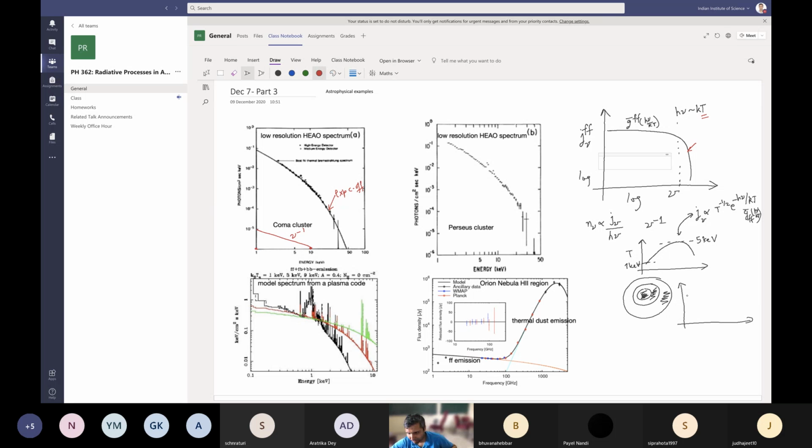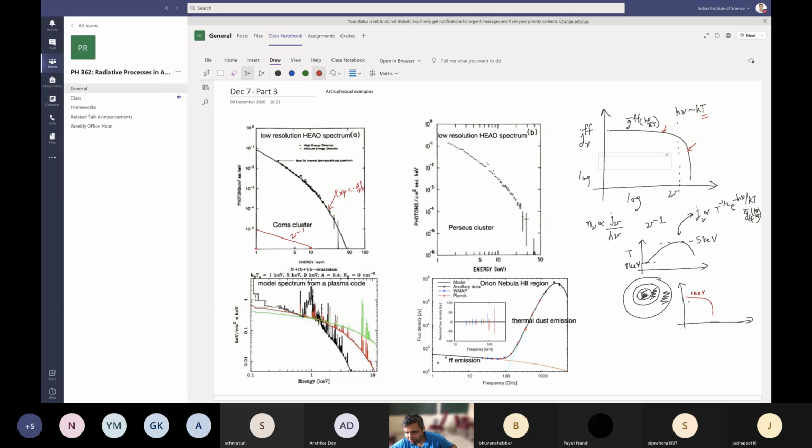So this is a higher temperature one, and this is a lower temperature, right? Say 1 keV is this one, so this is exactly that for 1 keV. Now if you have, say, 2 keV, it's also proportional to the volume.